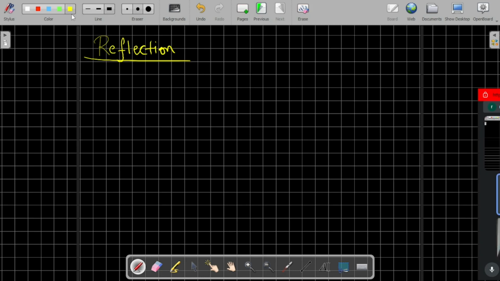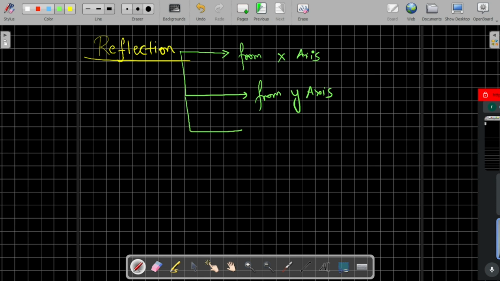Yes, sir. So in today's class we are going to discuss reflection. There are many cases of reflection, but we have to discuss only reflection from x-axis, reflection from y-axis, reflection from y equals x line, and reflection from y equals minus x line.